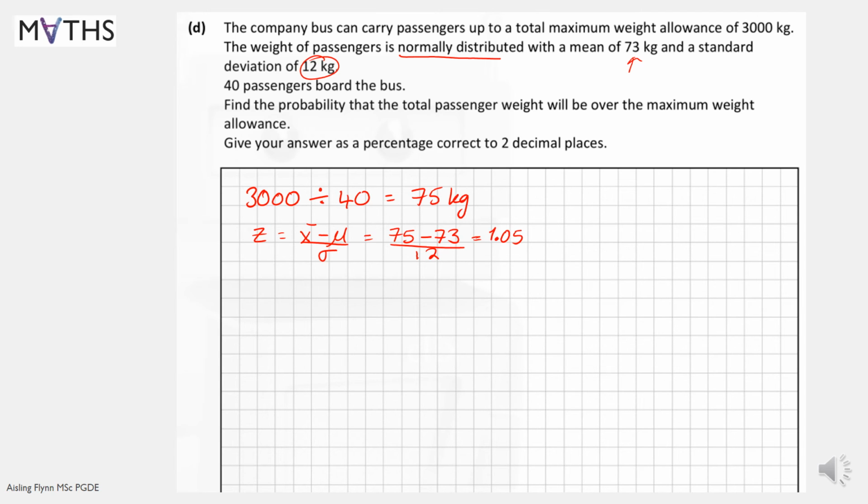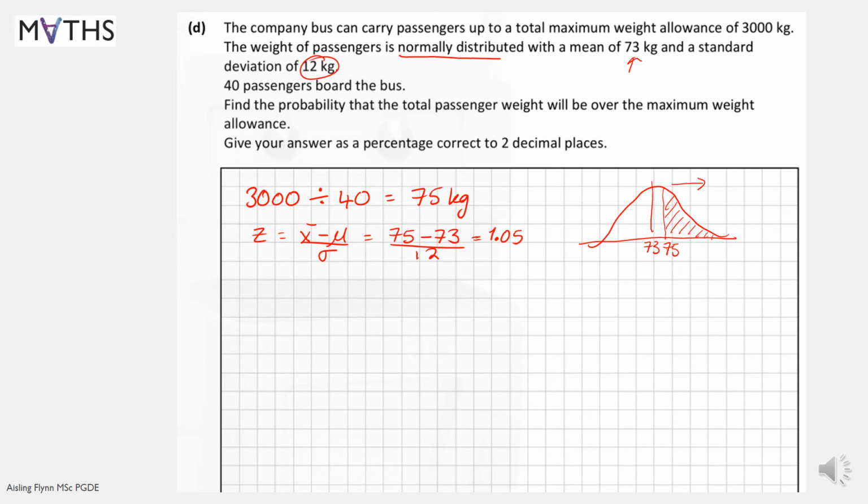Alright, so let's have a look at our normal distribution. It's always useful to sketch and figure out what's going on. So 73 was the mean of the passengers. We don't want to exceed 75, so we're asked to find the probability that we do. So we're looking for this section of the graph, which is greater than.